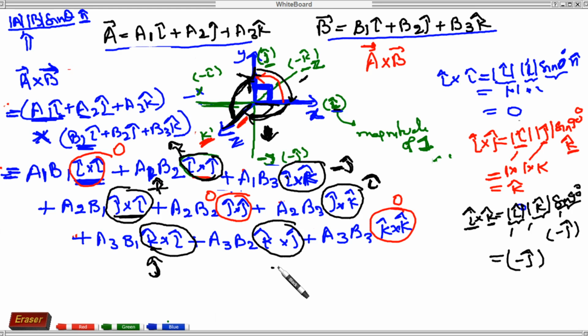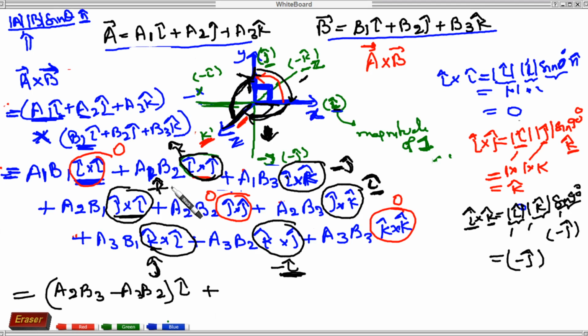So when I rearrange it, it will look like this. I will combine the i components: this one is i, this one is i. So I will write A2B3 minus A3B2 i. Plus now I will look at the j component, this one j and this one j, which means A3B1 minus A1B3.